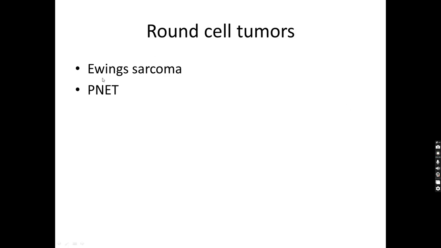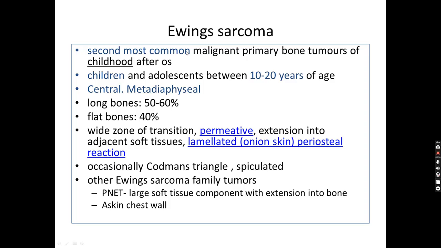Then coming to the round cell tumor, Ewing sarcoma, PNET, primitive neuroectodermal tumor. It is the second most common malignant lesion in childhood after osteosarcoma. It will involve relatively early age group than the osteosarcoma, 10 to 20.